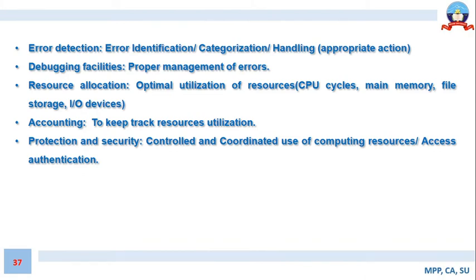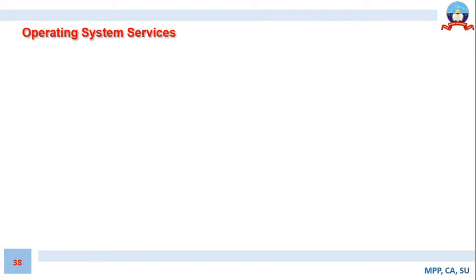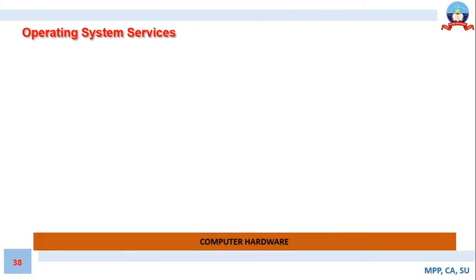Now let us try to create a schematic representation of whatever we learned in today's class, in order to ensure that it's easy to remember and easy to understand. To start with, a computer system has a collection of computer hardware.